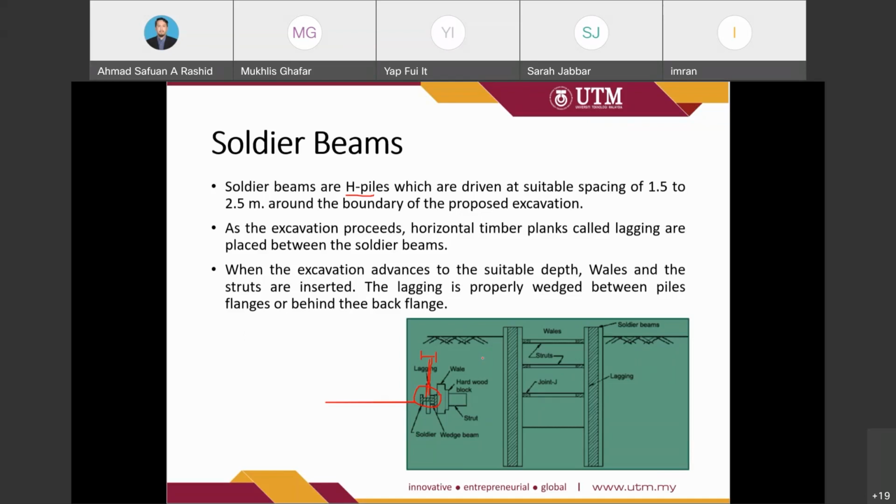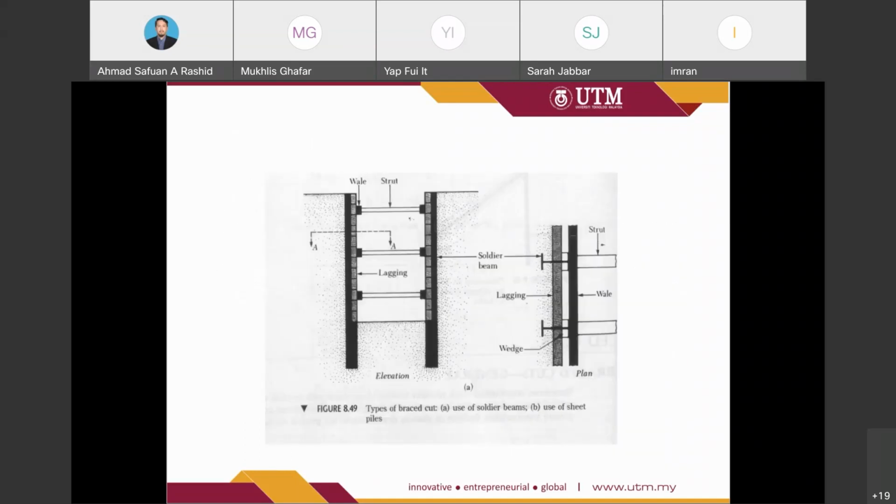So when the excavation advances to a suitable depth, wale and strut are inserted, and the lagging is properly wedged between the pile flange or behind the back flange. So this is the elevation and the plan view of the soldier beam method.